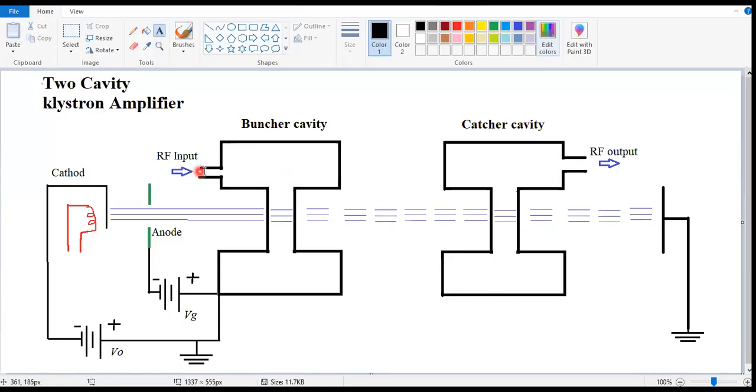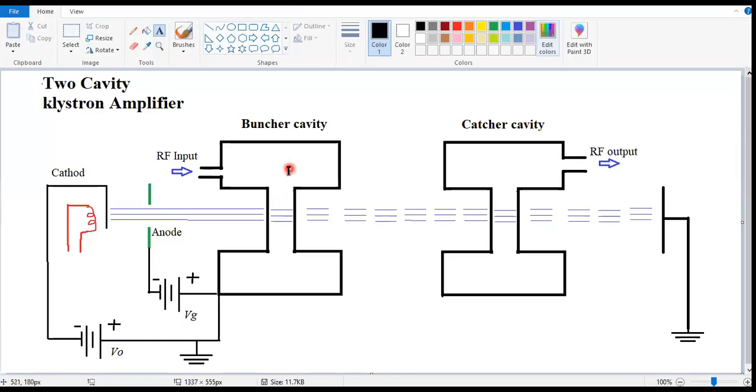The RF input signal has a high frequency. When it has a positive half cycle, the electrons, being negatively charged, are repelled, and there is an increase in velocity of the electron.